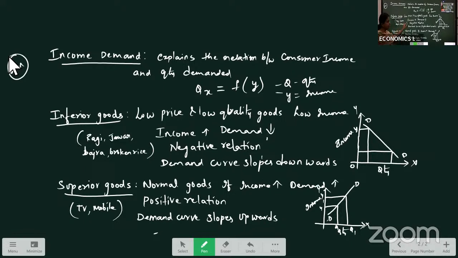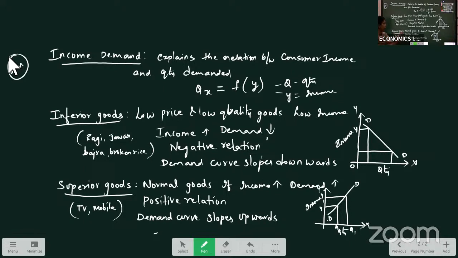In case of inferior goods, if income increases, demand for inferior goods decreases. So there is a negative relation between consumers' income and demand for inferior goods. As there is a negative relation, the demand curve slopes downwards. Then you have to draw the graph. If you draw the graph, the weightage will be more. You can score full marks in this.